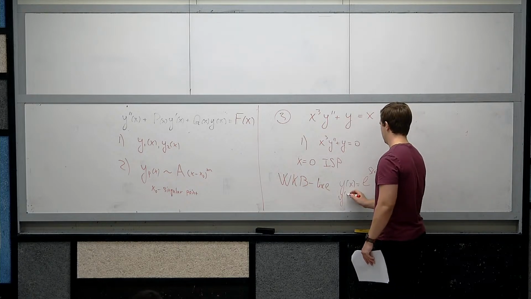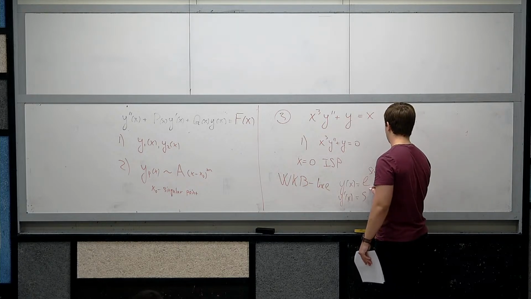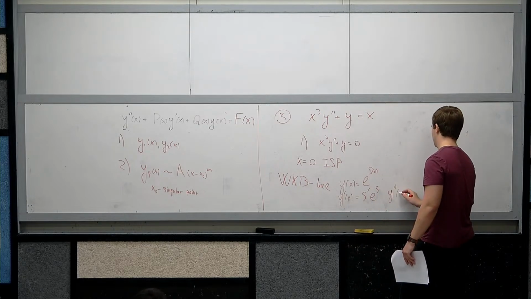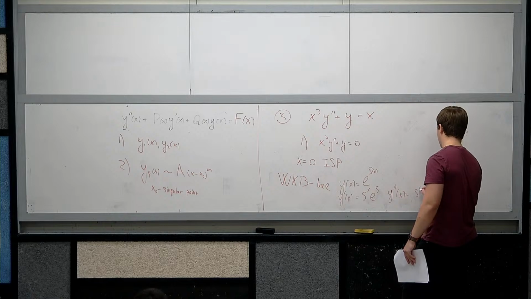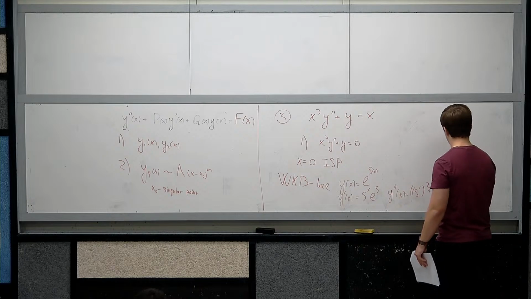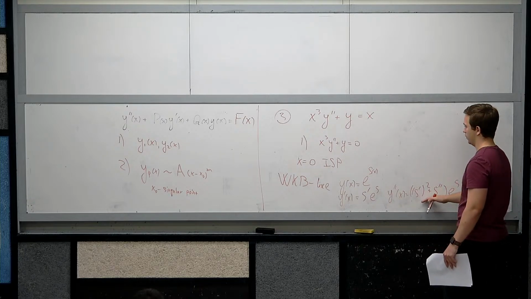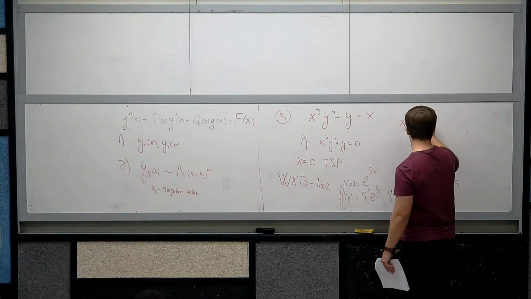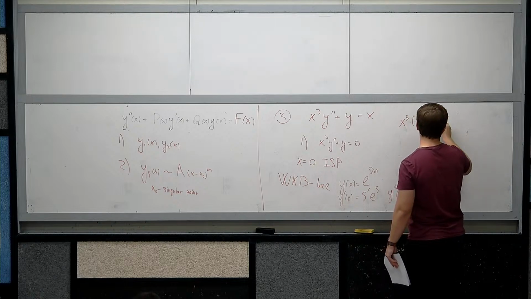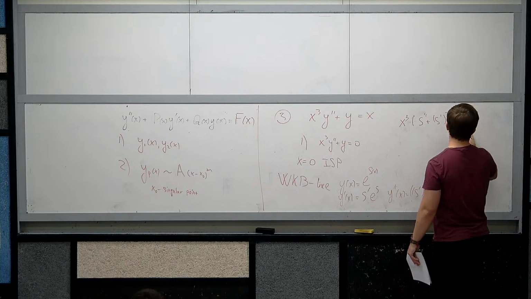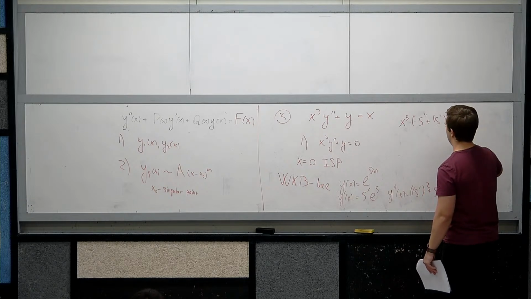We need to calculate the first derivative and the second. When we plug this in, we will get x cubed times s double prime plus s prime squared, plus 1.